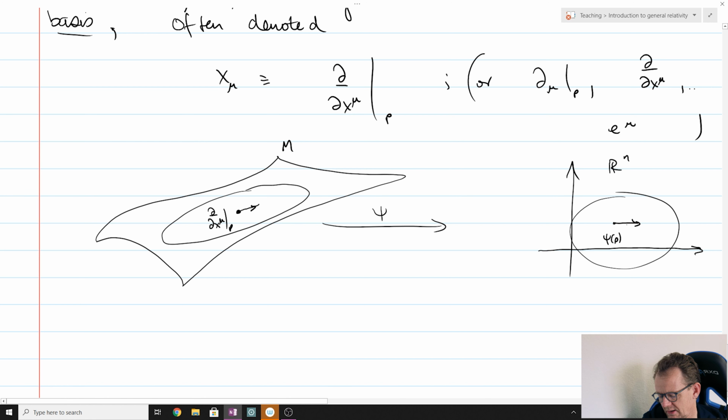So at psi of p, this operator becomes d dx mu at psi of p. And so this is a field of operators, and in the corresponding coordinate chart, all these vectors point exactly along the coordinate direction mu.